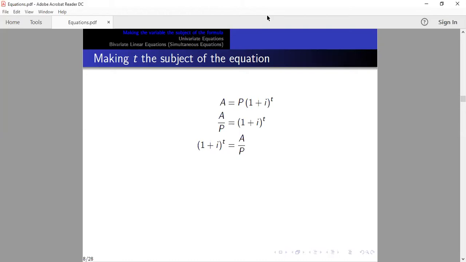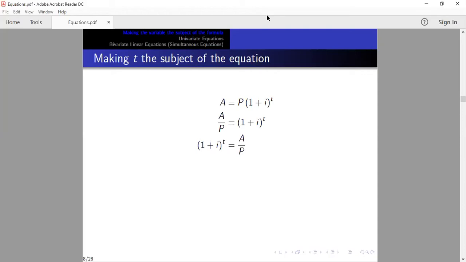So what do we do? We need to find a method that allows us to make t a variable we can make the subject. And which method allows us to do that?